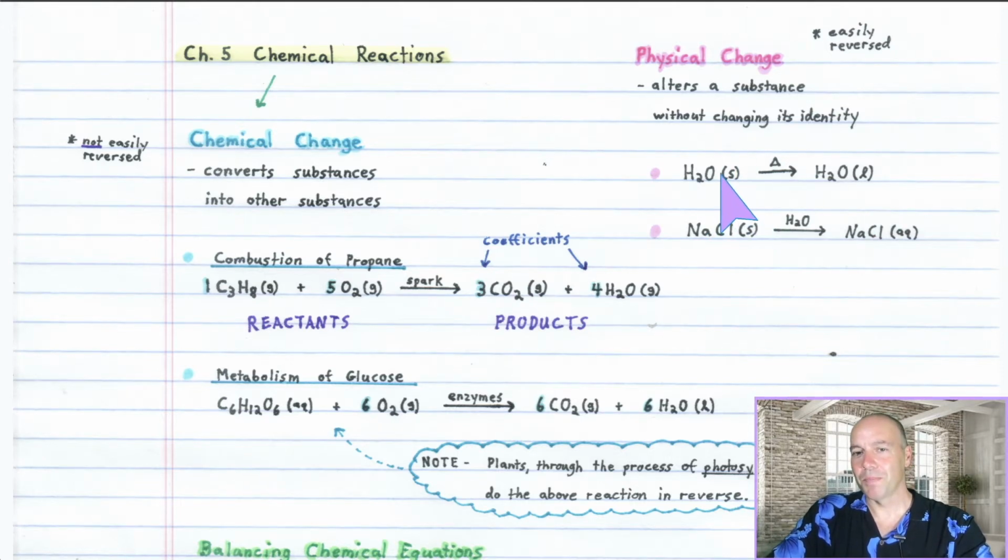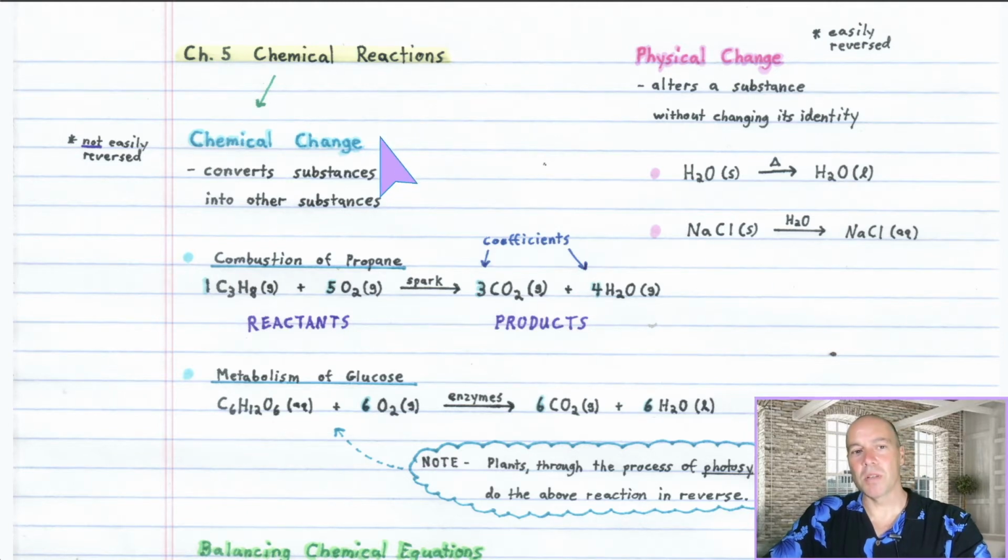Another example of a physical change is solid sodium chloride, with the help of a little bit of water, dissolves into aqueous sodium chloride. So again, the chemical formula is the same on the left and on the right. And it's easily reversed as well here. If you simply evaporate the water or boil it off, you will be left with a solid residue again.